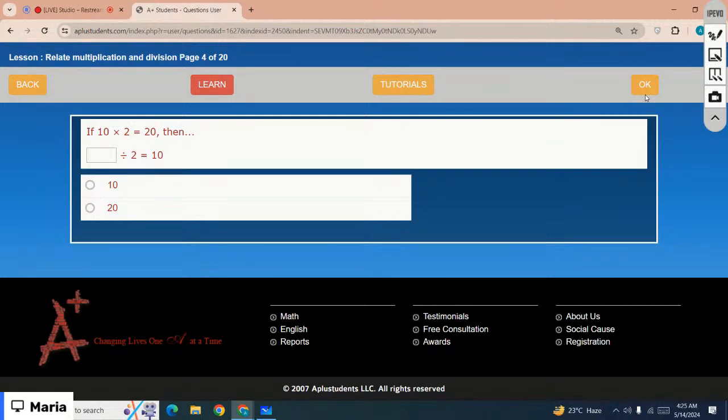10 times 2 is 20. Then what number divided by 2 equals 10, which is the correct option?